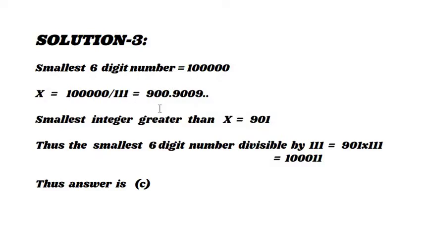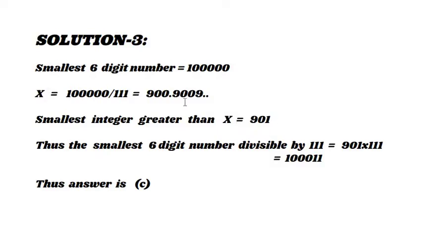Now what should we do? The simplest thing that we can do is to choose the next integer, the smallest integer but greater than x. We choose an integer because if we multiply it with triple one, the result would be a multiple of 111.